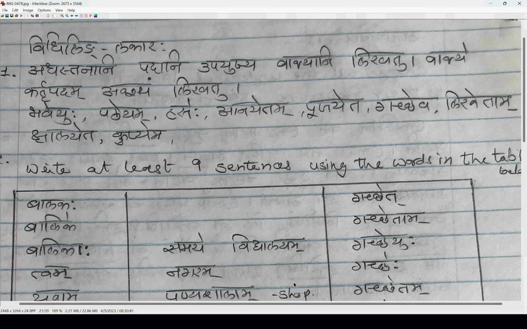And then Pujayeta Pratah Kale Yuyam Mandiram Pujayeta. Is it right? Mandiram Pujayeta. And then Gacheva Shwaha Avam Tatra Granthalayam Gacheva. Right, sir? Then we have Liketam. So in this case, Mahile Likita Japam Liketam.